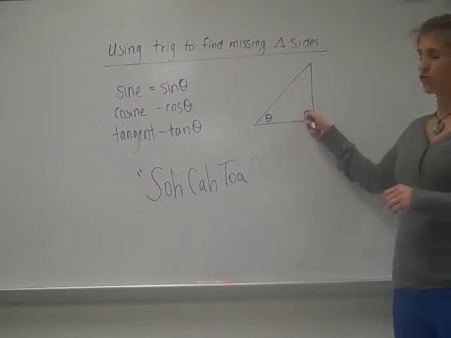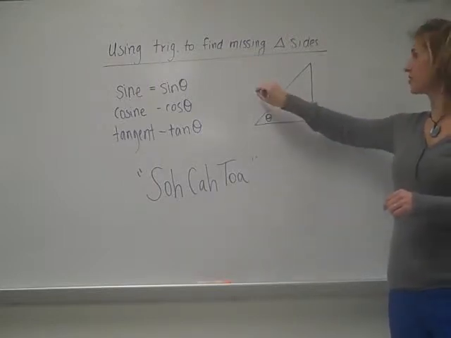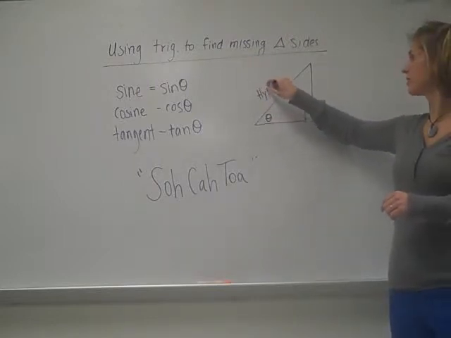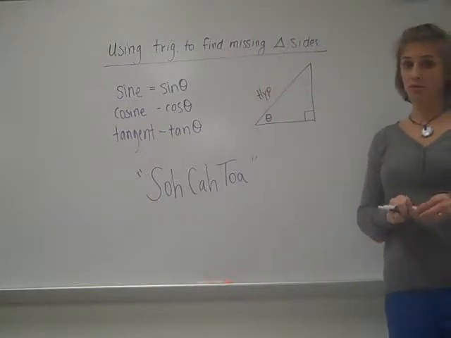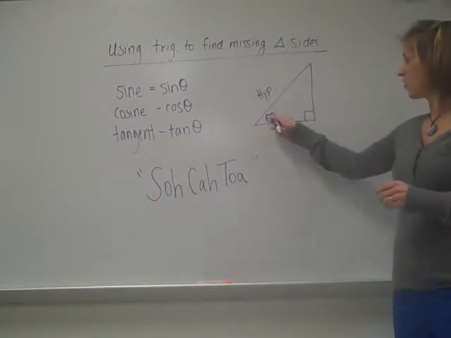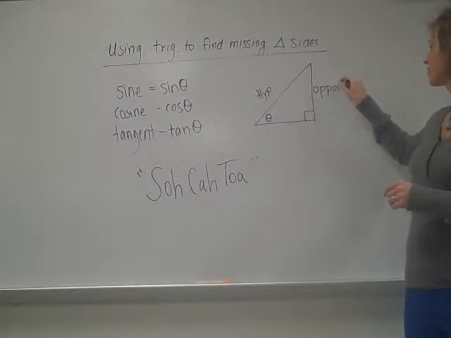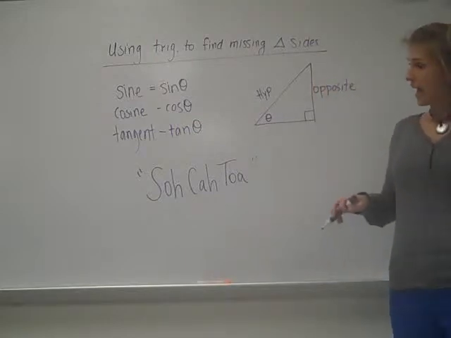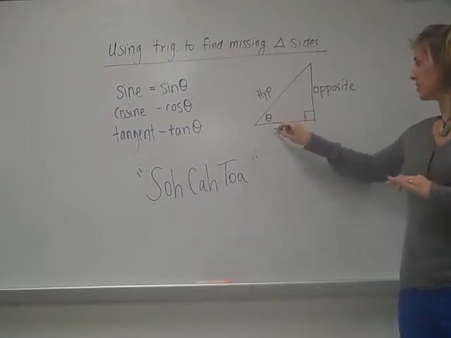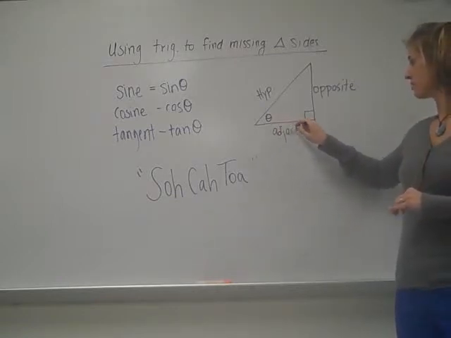The side across from the 90-degree angle is called the hypotenuse, which you know. The side across from the angle is called the opposite. And then the third side is called the adjacent side.